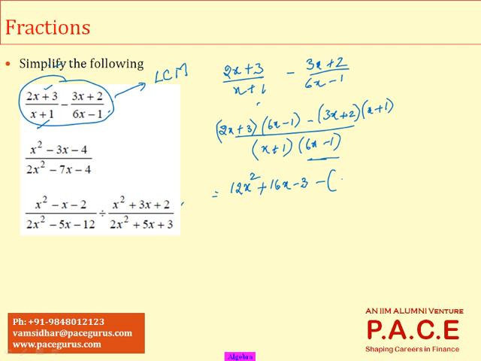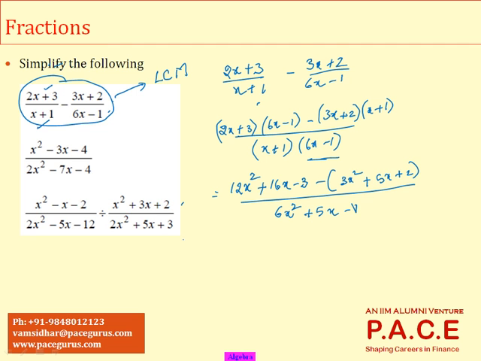Then what about the second one? 3x squared plus 3x plus 2x, which is plus 5x plus 2. And you can simplify the denominator also, which becomes 6x squared minus x plus 6x, which is plus 5x minus 1.